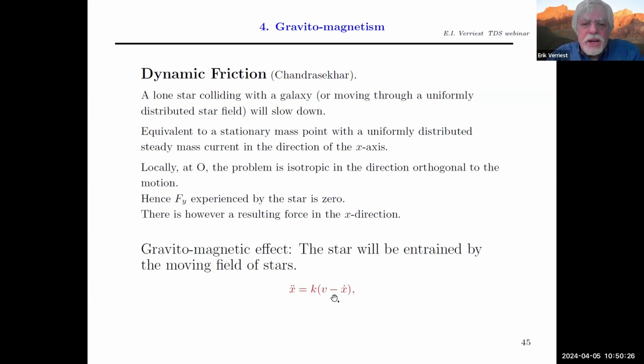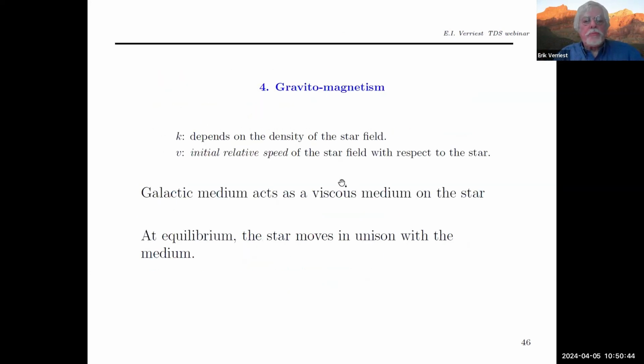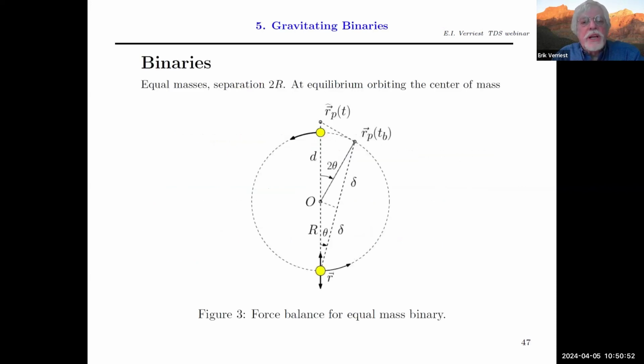So at equilibrium, the star will actually end up with the motion v of the galaxy. It will be entrained completely by the galaxy, and there will be no further slowing down. So the galactic medium acts as a viscous medium to the star, and at equilibrium the star moves in unison with that medium.